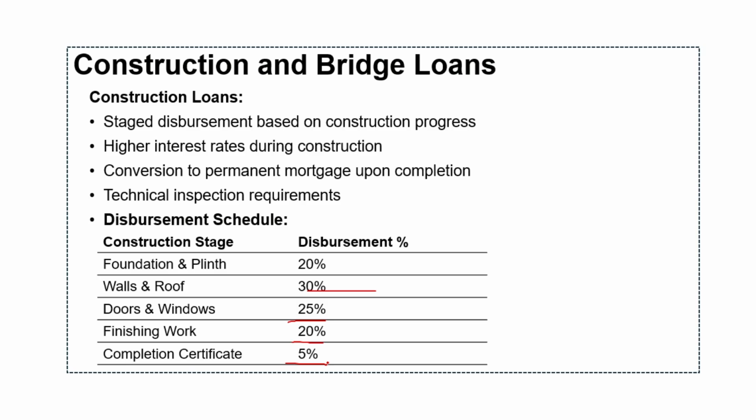Conversion to permanent mortgage upon completion typically involves rate reduction and term extension, transitioning from construction financing to standard home loan structure. This product serves custom home builders, plot plus construction financing, and under construction property purchases where buyers need construction linked payments to developers.